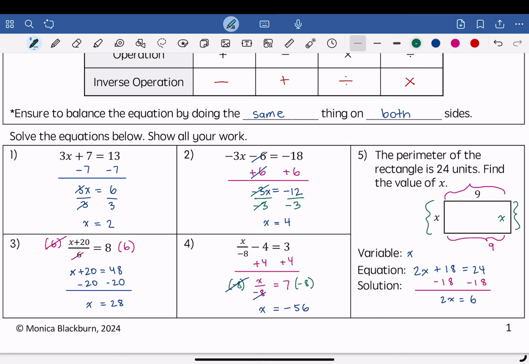And now I'm going to divide by 2. And x is equal to 3. So if I put it back into the equation, you can double check. So 3 plus 9 plus 3 plus 9 gives us 24 units.